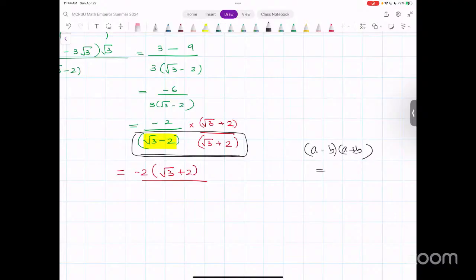A squared minus 2ab plus b squared? Why, sir? Okay. What would you get? A squared minus ab?